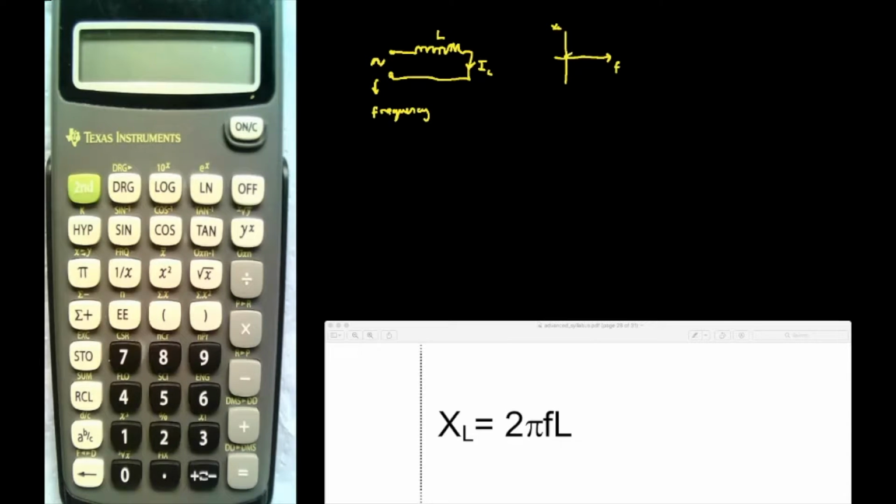And as the frequency increases, the inductive reactance increases. So let's say that the inductor L is equal to 0.5 henries, and let's say the frequency is 50 hertz mains frequency.